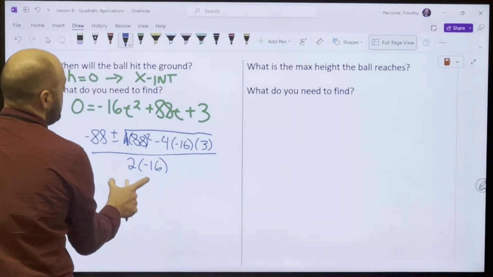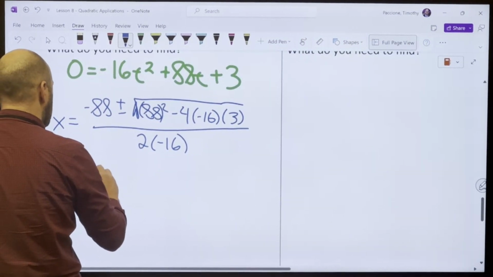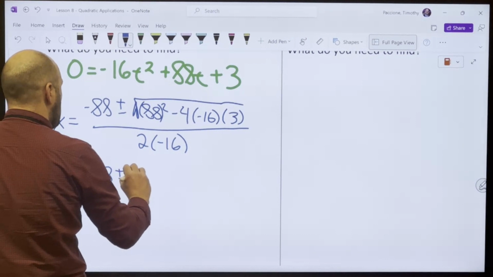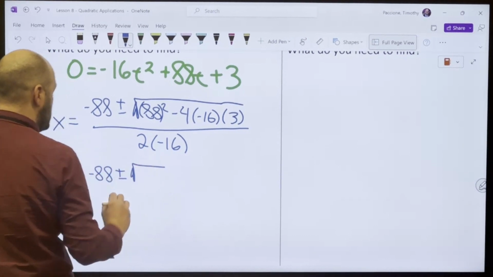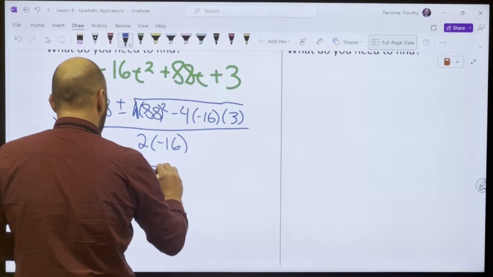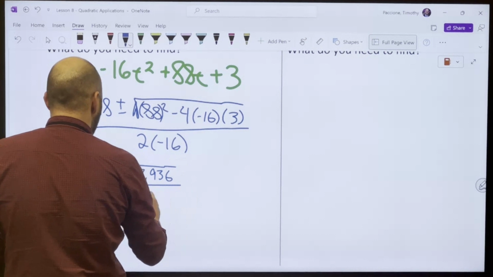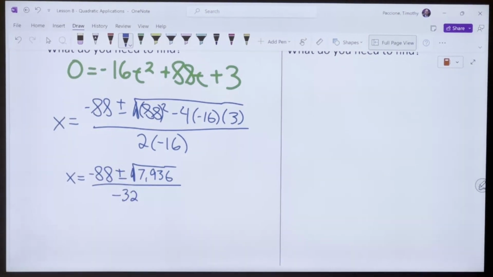Figure out what that number is under there. So it becomes x equals, in the interest of time, we're running out, negative 88 plus or minus the square root of 7,936 divided by negative 32. Now, we're not looking for an answer like that. We want to have an answer like some seconds, right?